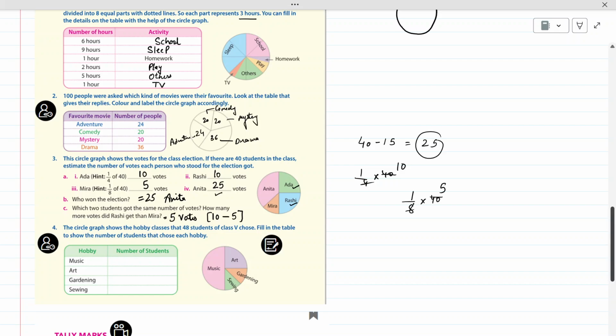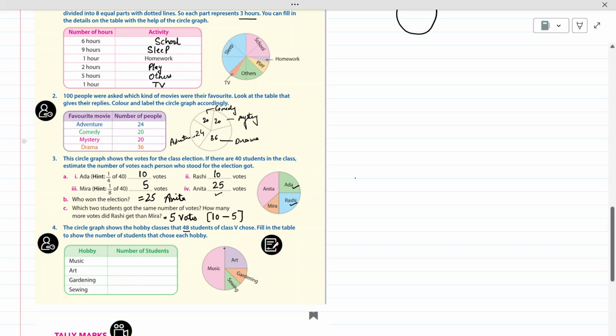Now, the last question of this exercise. The circle graph shows the hobby that 48 students of class 5th choose. So this whole circle represents the hobbies of the different students of class 5th. Fill in the table to show the number of students that choose each hobby. The whole circle is representing 48 students, right?